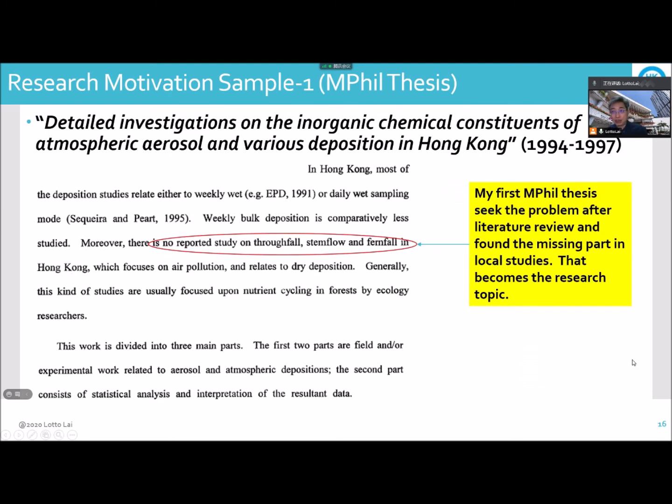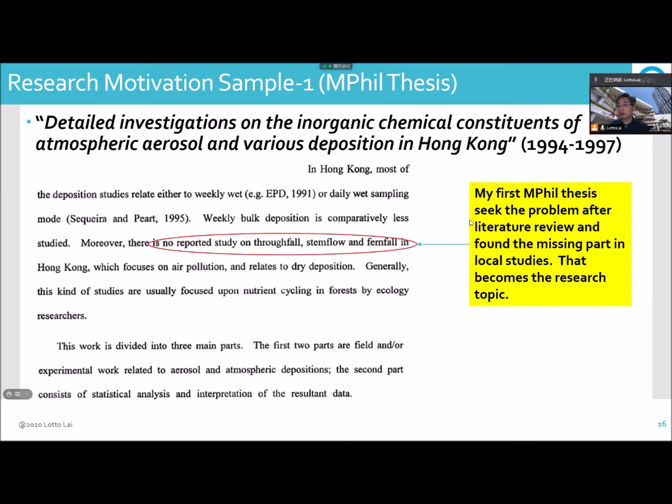My example in my MPhil thesis is a detailed investigation on the inorganic chemical composition of atmospheric aerosol and wet deposition. Deposition means the rain in Hong Kong from 1994 to 1997. At that time, in my first MPhil thesis I sought the problem.